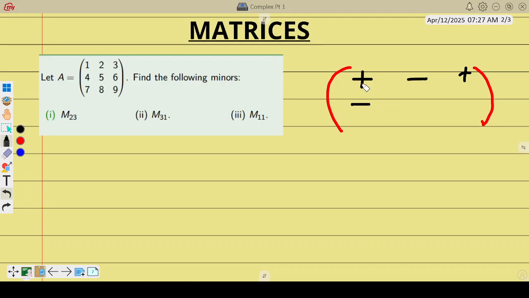So they alternate. Under positive we have a negative, after negative we have a plus. After plus, minus. After minus, plus, minus, plus. So it's easy. You just start with a plus. Plus, minus, plus. Minus, plus, minus. Here plus, minus, plus.